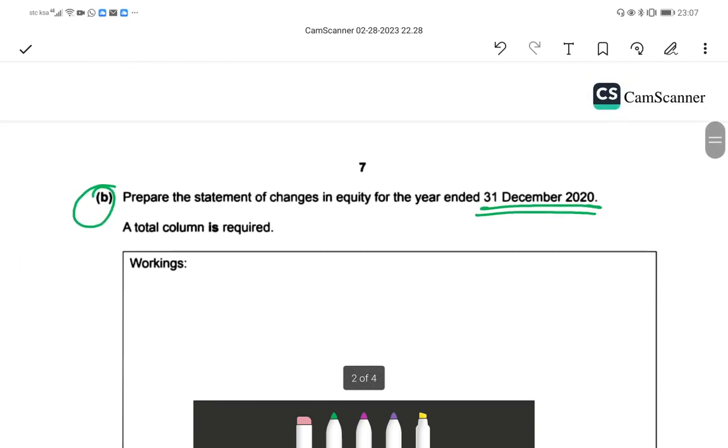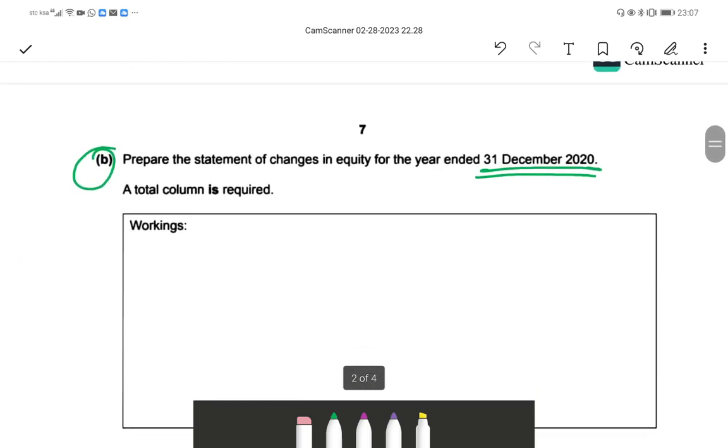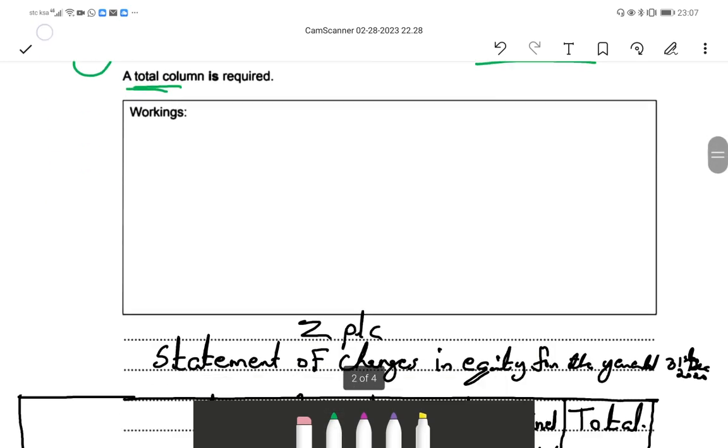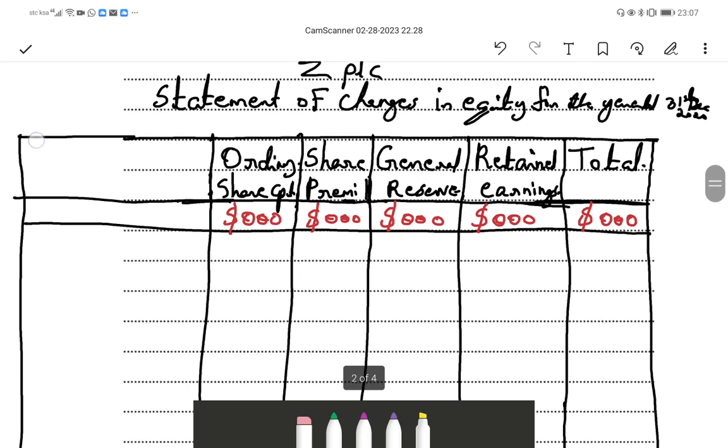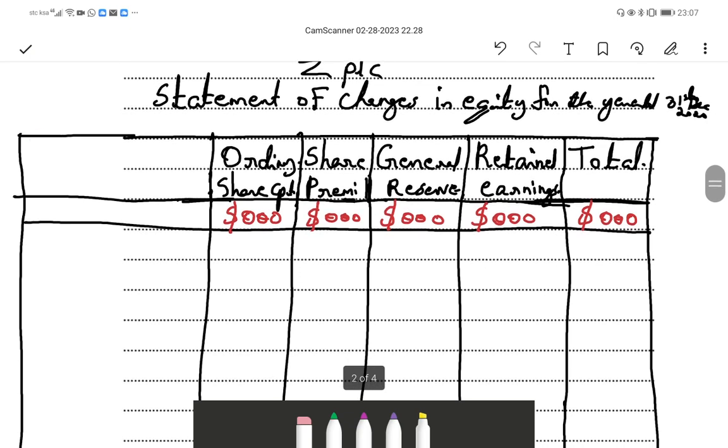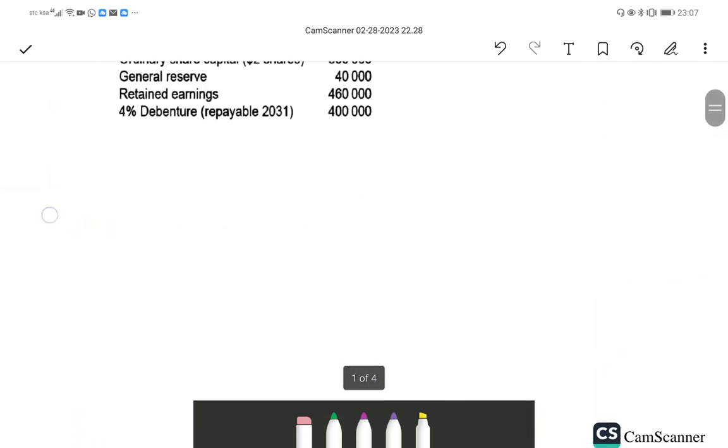It is clearly said that the total column is required, so you must draw the total column. So ordinary share capital, share premium, general reserve, retained earning and total column. Then the given amounts are big, so we put in thousands. So we can make it short. So let's see the question.